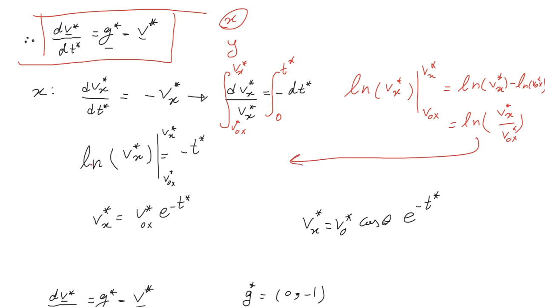So it's the natural logarithm of vx star that I wrote, I solved it here, and then I can write the exponential of both sides. So we apply the exponential operation, and then this will become vx star equal to, let me just write it here, it's easier to understand.